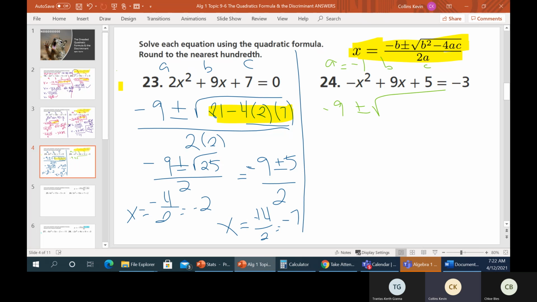B squared, that's 9 times 9, so that's 81 again. Then minus 4 times A, which is -1, times C, which is 5. And I never make the square root sign big enough, it seems like. And all that stuff's going to be over 2 times -1. All right, again, so let's go ahead and start with these guys here.